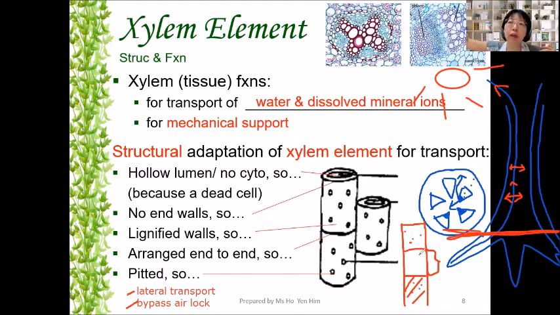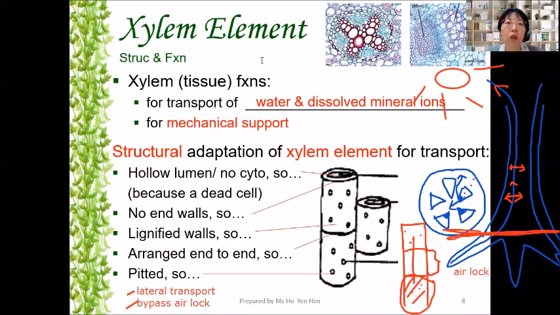So wherever the water moves and evaporates, the rest of the water in the xylem vessel will be traveling up together. But over here, this column is not connected to this column by hydrogen bond at all. So because of that, the column of water here cannot move up anymore due to the airlock. Okay.